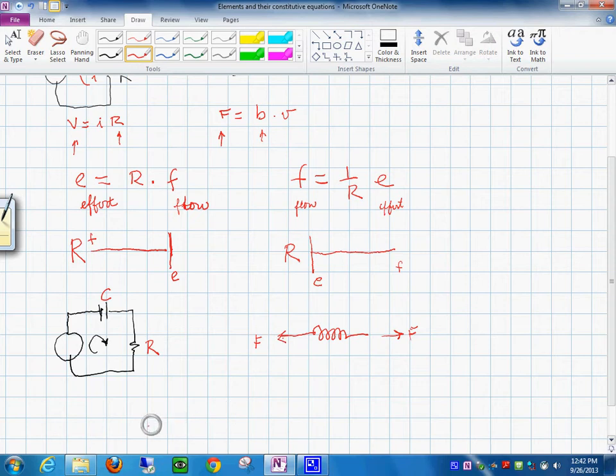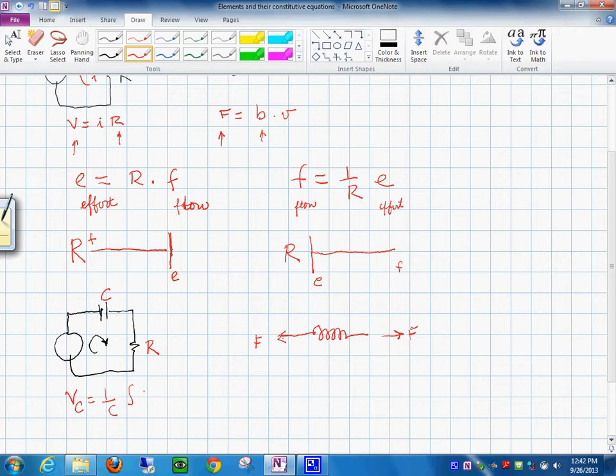How are the constitutive laws of this? You already know that the voltage across the capacitor is going to be 1 over C times the integral of x dot dt, right?